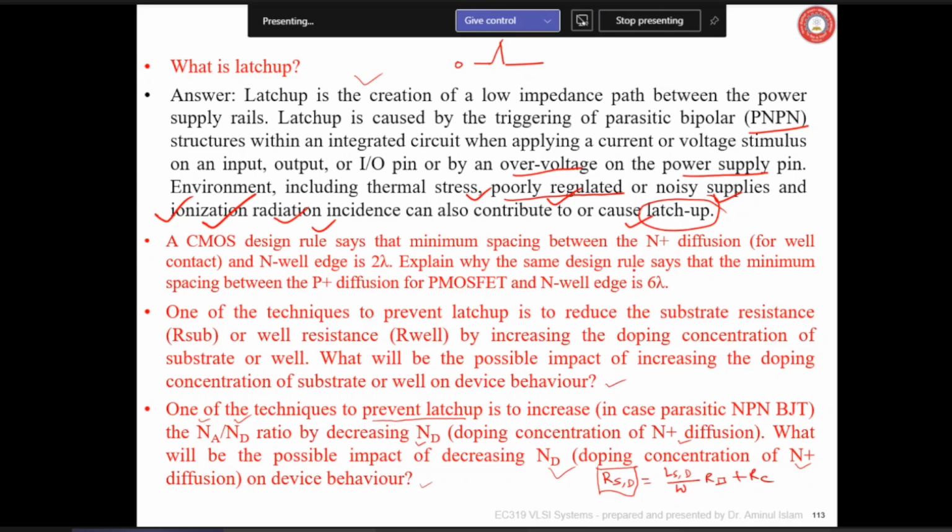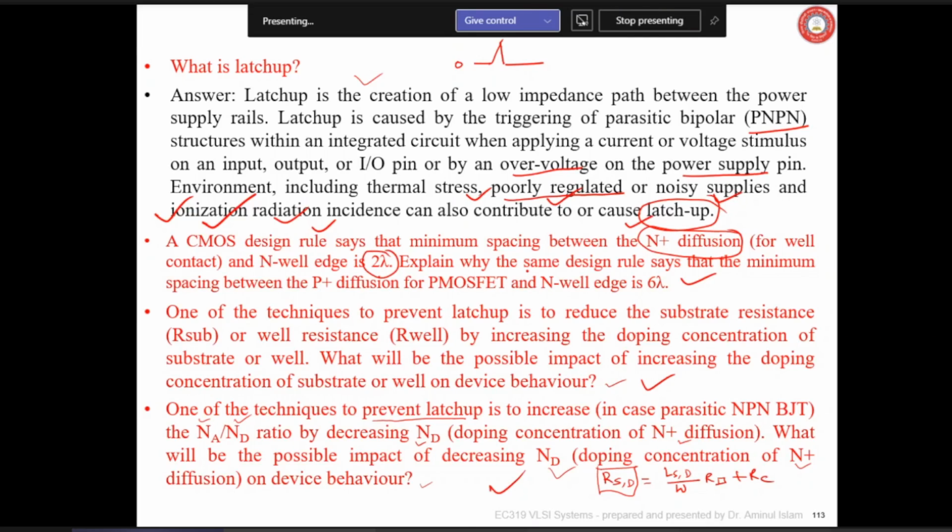Certain questions are also there, but I don't think you will understand. Let us try. A CMOS design rule says that the minimum spacing between N plus diffusion for the N well contact and N well edge is 2 lambda.